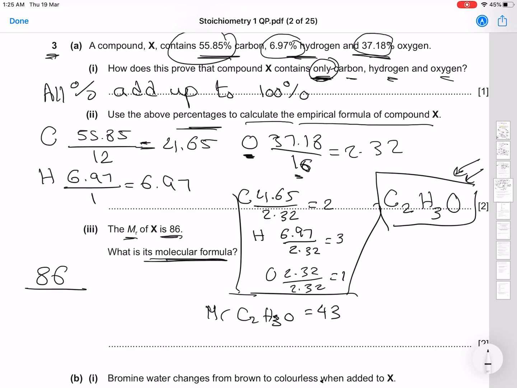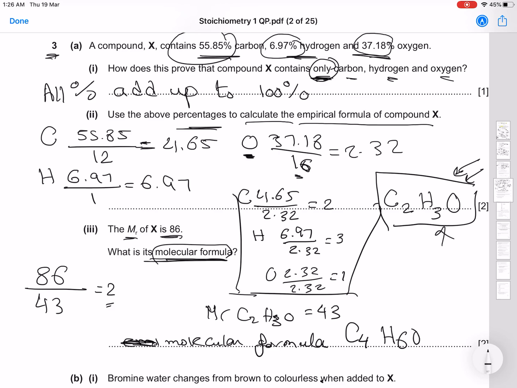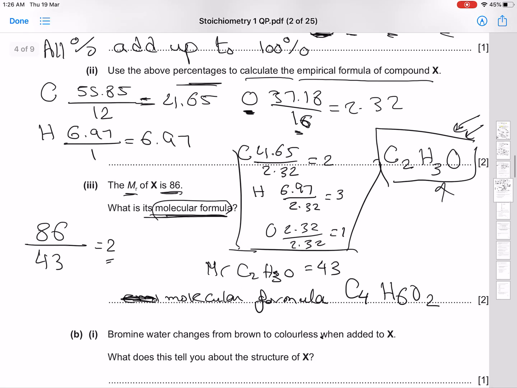So just dividing 86 over 43, it will be 2. That means this molecular formula is bigger than the empirical formula by 2. So I can confidently write my molecular formula, which is, don't forget to write it, C4, because I'm going to multiply that one by 2, H6O2. This is my true molecular formula, and I got the 2 marks for this question.